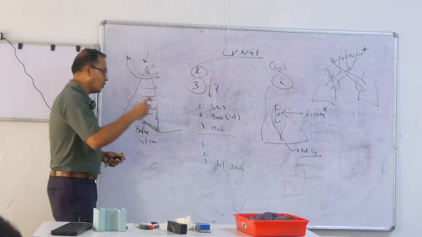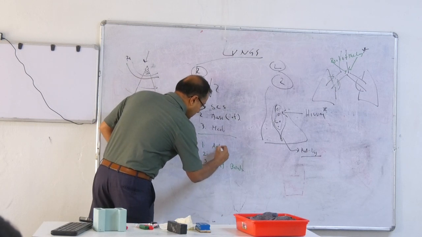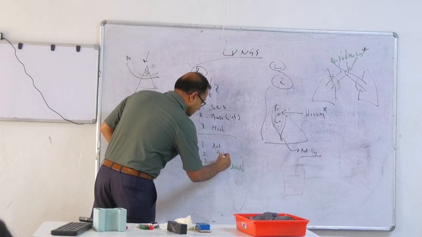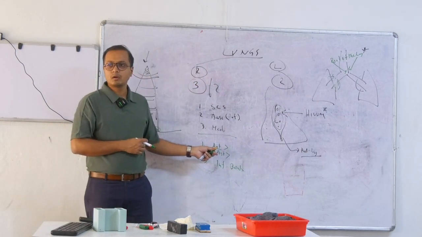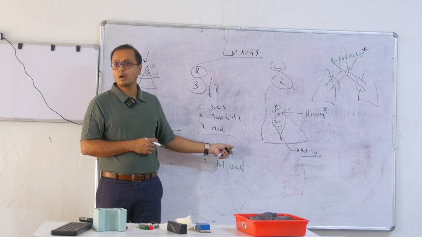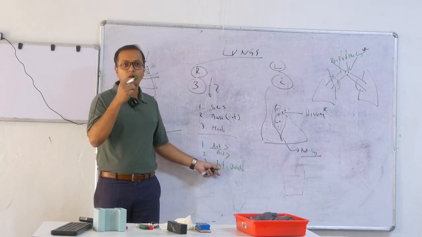Then we go by 2 other borders. One is known as the anterior border, the other is known as the posterior border. Now we have to identify them. Anterior border, how are you going to identify? Now this is the hallmark.